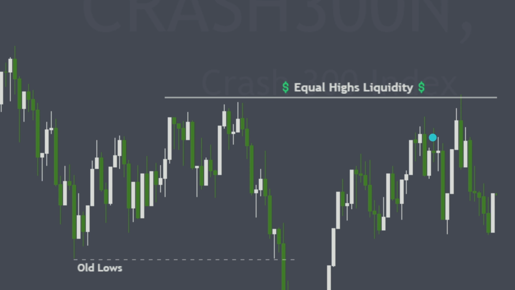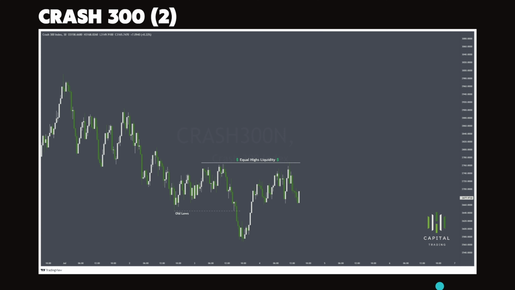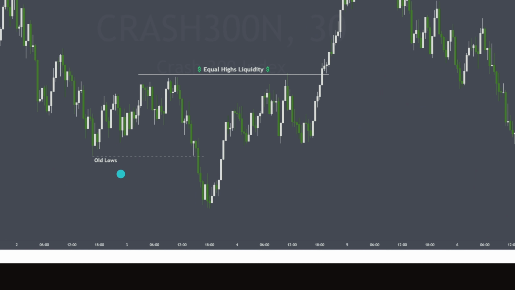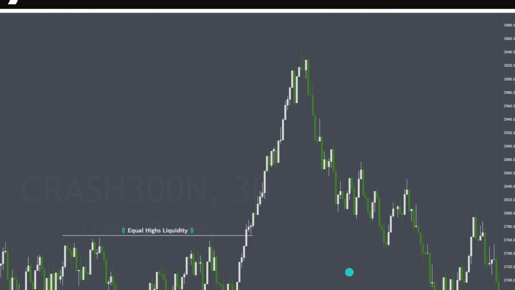Traders tend to place their stop loss above old highs, so what the market tries to do is seek these stops and those orders above old highs, right? That's what the market did here. We had the market dropping after taking out this old low down here, and then running over these equal highs with such big movements, right?